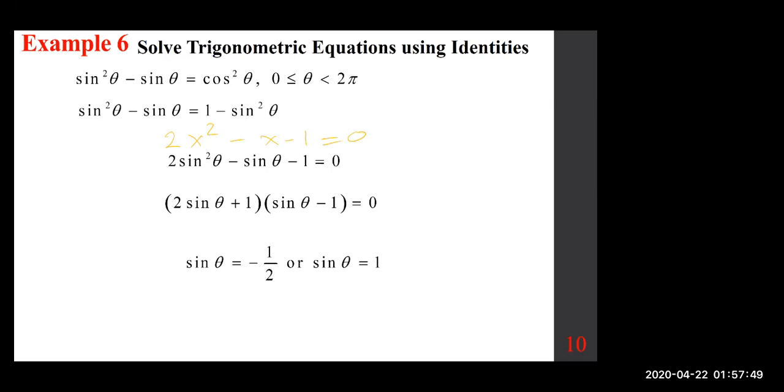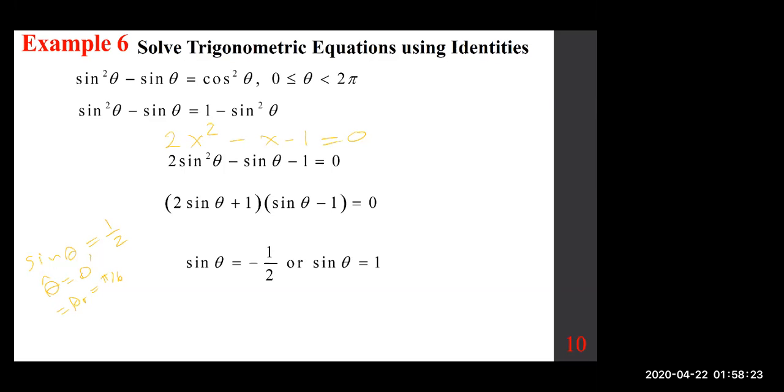Sine theta, if you go with 1/2 as the reference arc, that gives you pi over 6. So sine theta equals 1/2, the reference arc. Okay, let me write all of them. Theta hat, theta prime, theta sub r is, I'm refreshing your memory about how we write the reference arc.